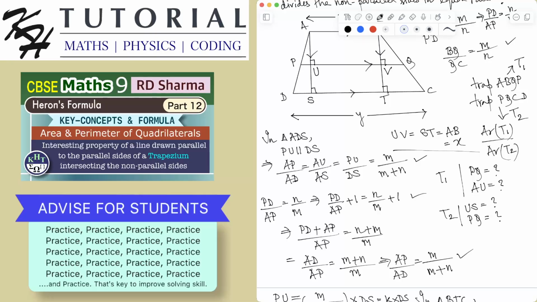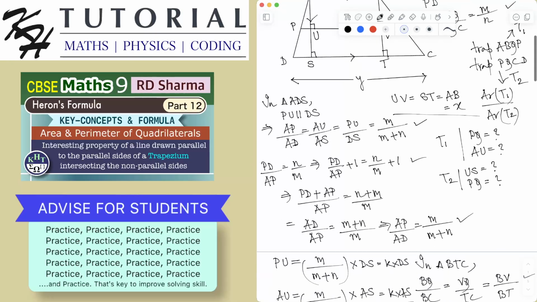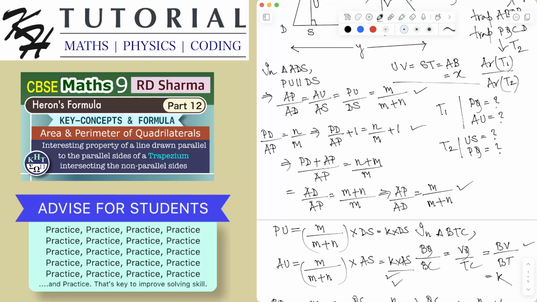So we also know that from the triangle ADS, since PU is parallel to DS, we will have AP by AD equal to AU by AS. It will also be equal to PU by DS, which is equal to m by m plus n. Then PU will be equal to K into DS.